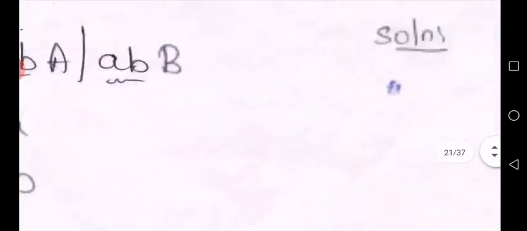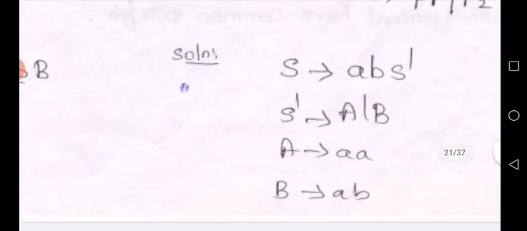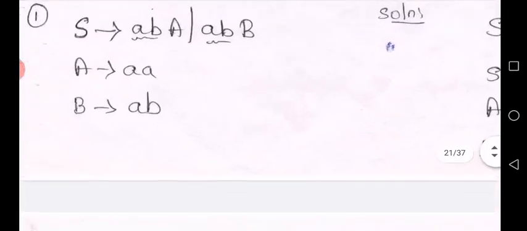Now we'll see whether the same output we can generate from this. S derives AB S dash, then S dash derives A or B, exactly. First I substitute S dash as A, then you will be getting AB and then capital A. If I substitute capital A as AA, the output is AB double A. Same thing we get from this kind of production.